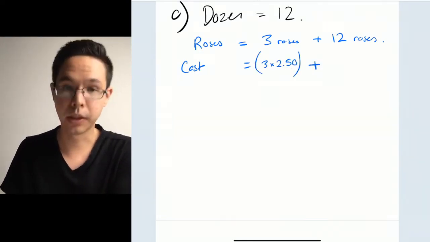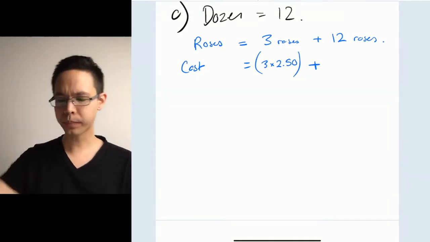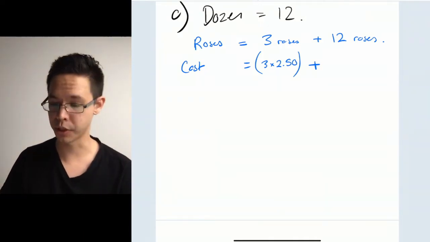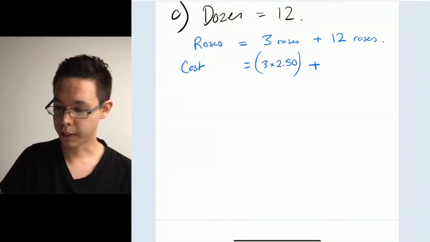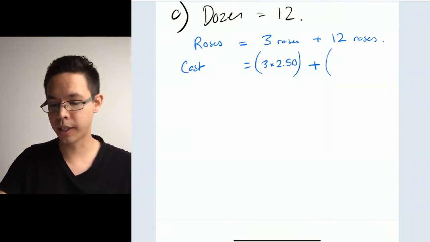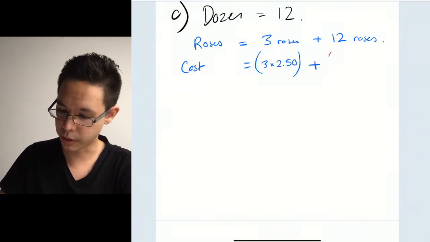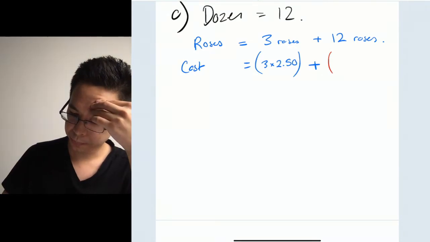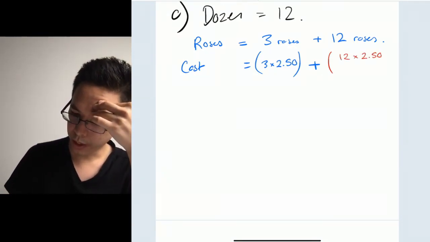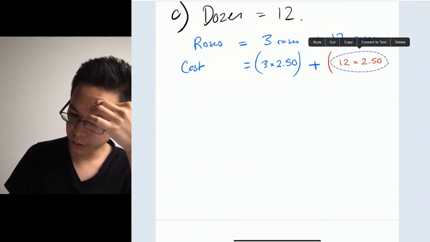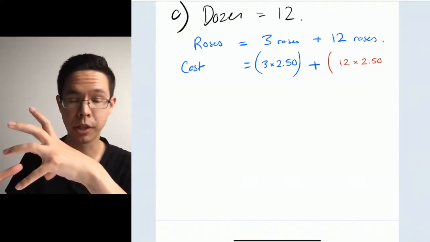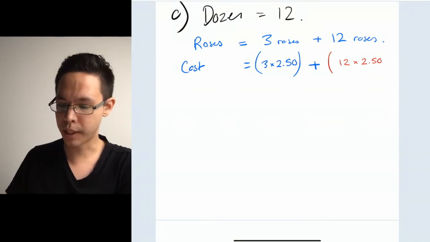And that'll be its own little part of my calculation. And then I'm going to do the cost of 12 roses. That's going to be its own little calculation here. I'll change color for this one deliberately. It'll be 12 times the cost of roses. And then I'm going to reduce that result by 30%.